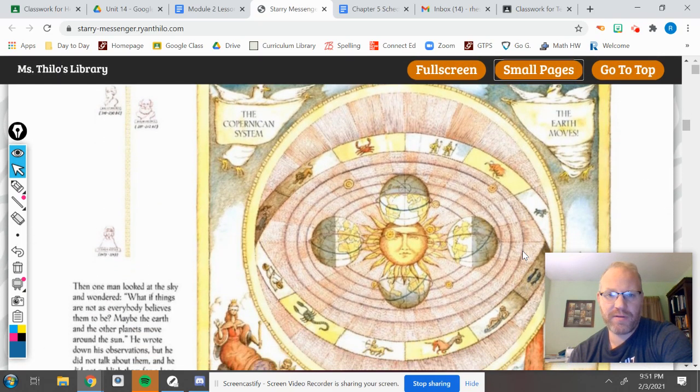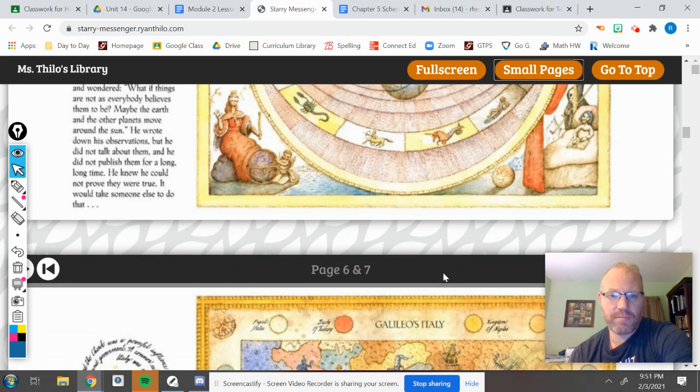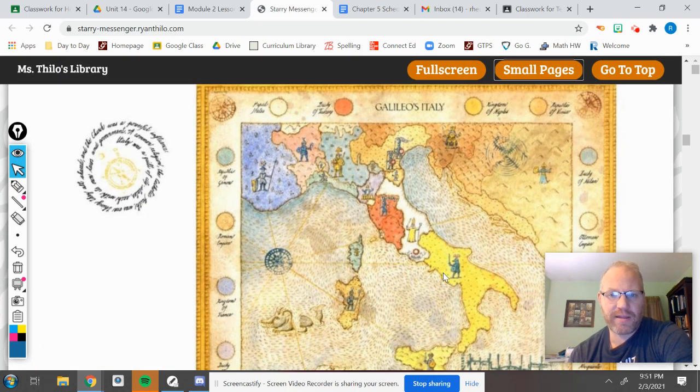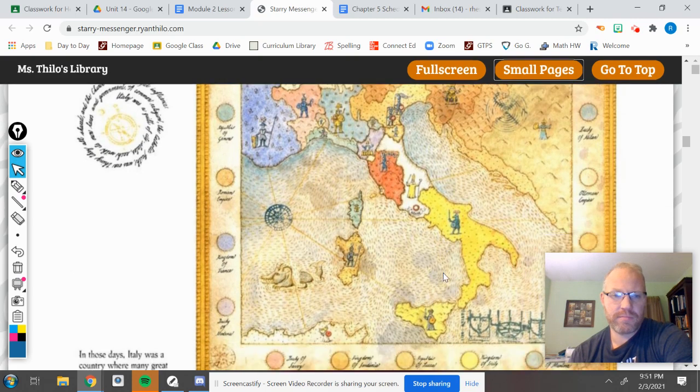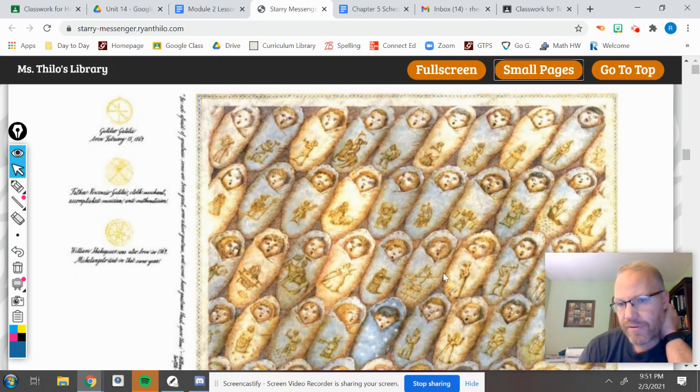Here's another picture, and it shows the world going around the sun. Here's Italy, where Galileo lived. And here's a picture of babies.